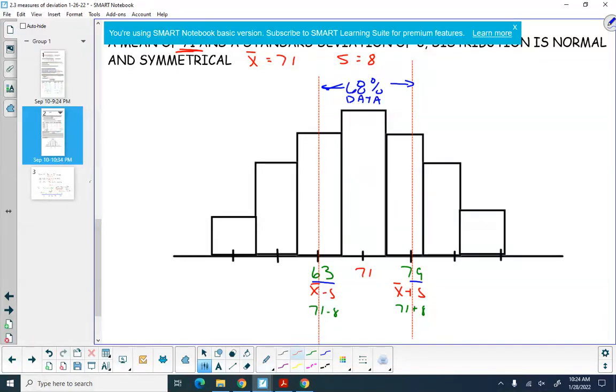What this is utilized for is to make predictions. If I have a quiz score, we talked about grading on a curve, I have a 68% chance of scoring between a 63 and a 79, because 68% of the data values are between those two values.